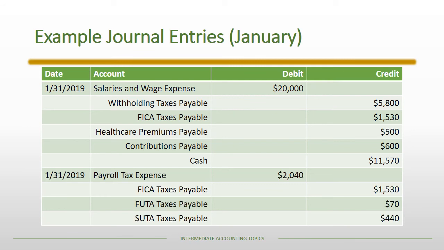So then we also have the employer portion, which is the payroll tax expense. And you can see the FICA for the employer is the same as the FICA for the employee. So there are two payments being made to the federal government. And of course, we also have the federal unemployment tax, which is FUTA, and the state unemployment tax, which is SUTA. And together, the company incurs an additional expense of $2,040 because of the employer-related payables.